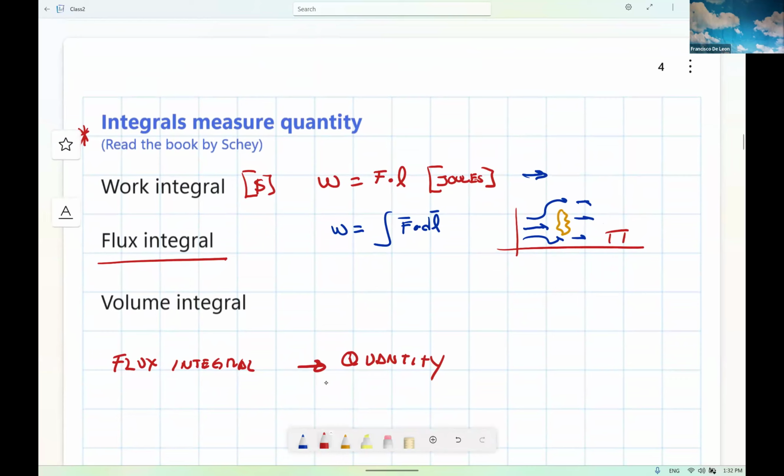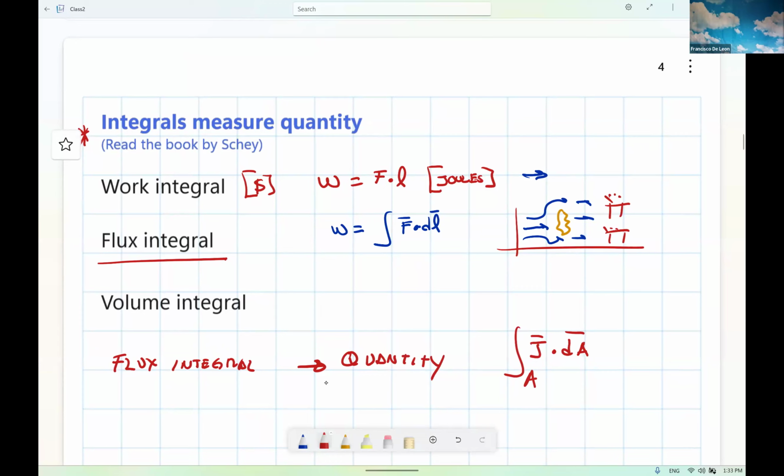So here you have your cows. How many cows were you able to move into some place? For that, we use the flux integral. Flux integrals are surface integrals, right? So for example, for this area, I'm going to put J dot dA. This is a surface. This is a quantity.